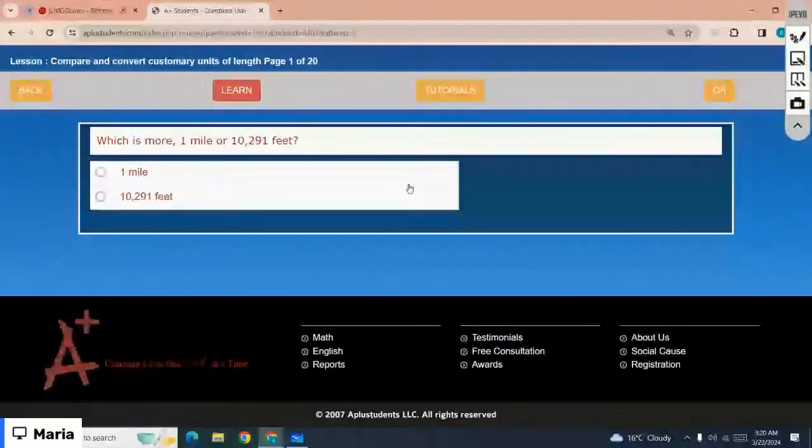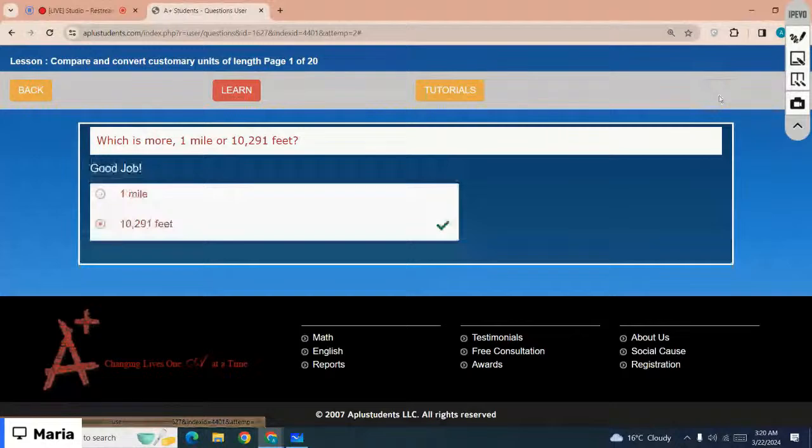No, 1 mile is not more. 1 mile equals 5,200 something. I forgot. 5,2... The correct option is 10,291 feet. 5,280, right?